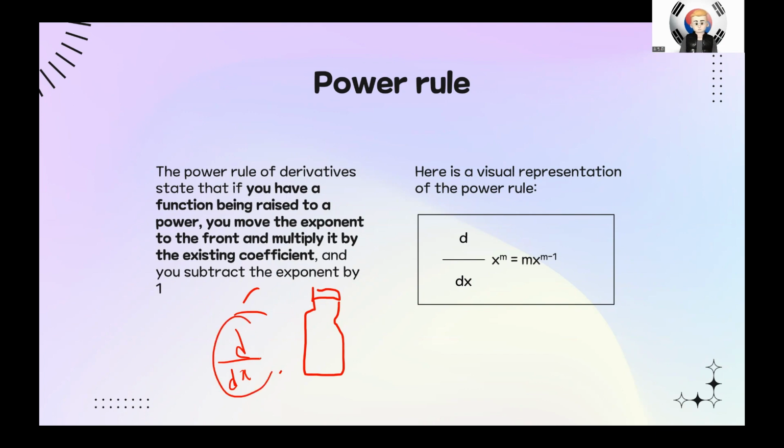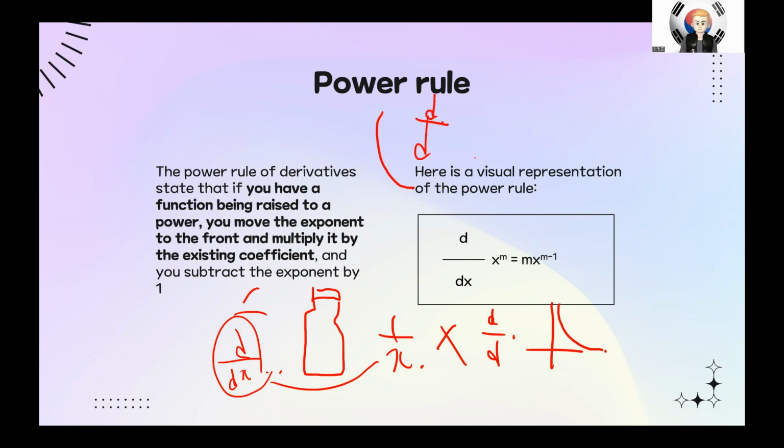And how to remember d/dx: d over dx is very easy to remember. It just draws a graph like this. So just remember d.